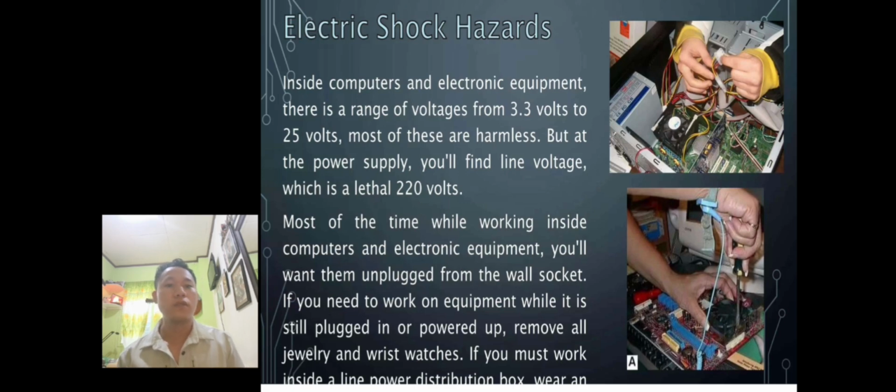Most of the time while working inside a computer and electronic equipment, you'll want them unplugged from the wall socket. If you need to work on equipment while it is still plugged in or powered, remove all jewelries and watches. You must work inside a computer line power box where you are safe in connection to electricity.